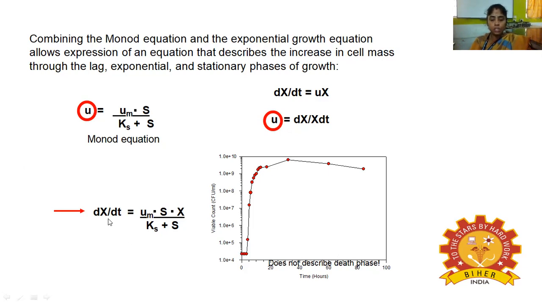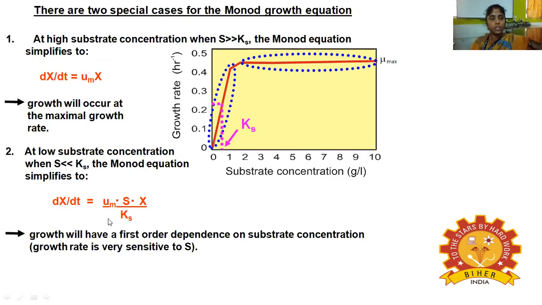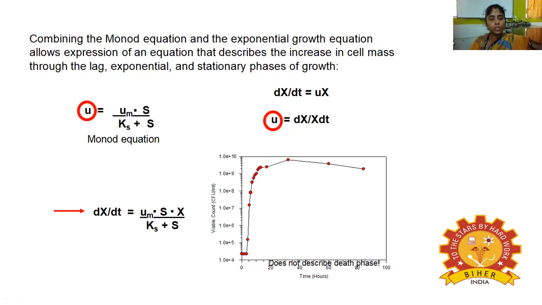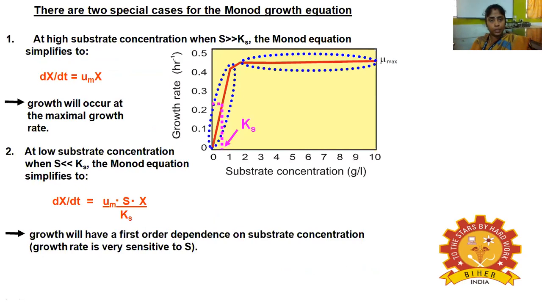When substrate concentration is high, the Monod equation dX by dt is equal to μm S into X divided by Ks plus S will become simpler, since S is high compared to Ks, so that the Ks term is negligible. That is one special case.